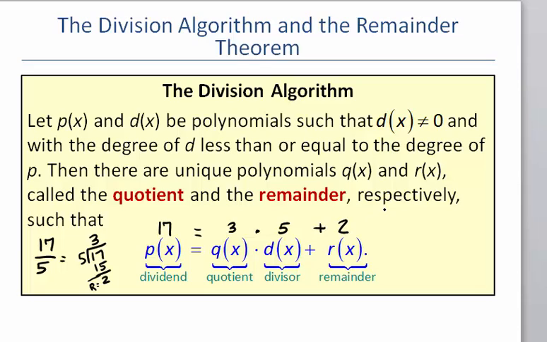And so we can say that 17 is equal to 3 times 5 plus 2. And so again, on this slide, they're basically wanting you to recognize terminology, that the dividend is what you're dividing into, the divisor is what you're dividing by, the quotient is what you get when you do the division, and the remainder is what is left over.